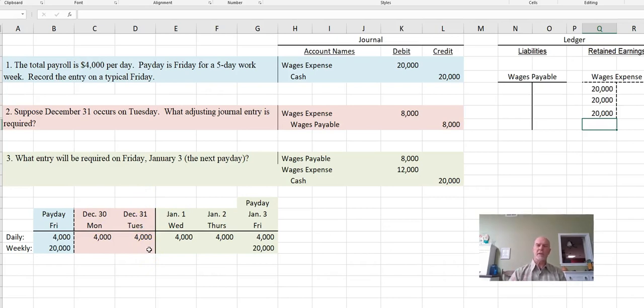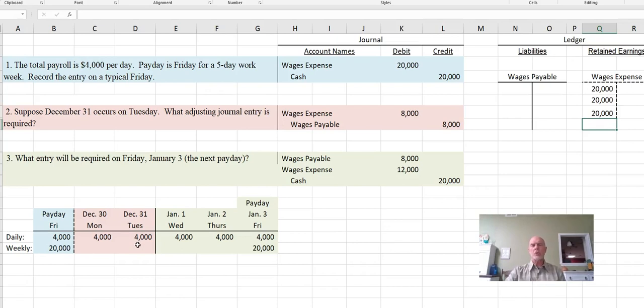Now we're not going to have payday until the next Friday, but when we put together the financial statements, we want those financial statements to be up to date all the way through December 31st. So we need to make an adjusting journal entry to update the numbers before we make the financial statements. Monday and Tuesday have already happened. If we were to stop right now, we owe our employees $8,000 for Monday and Tuesday.